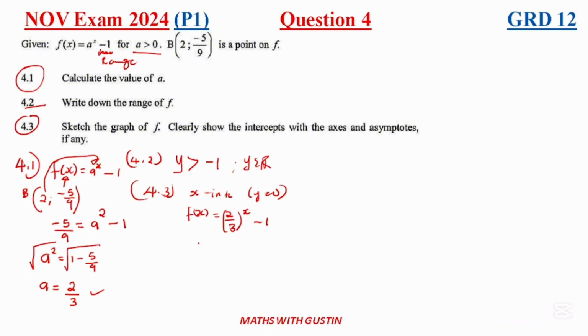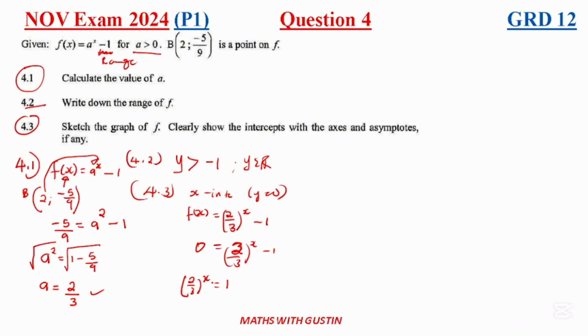So y is equal to 0, it's equal to (2/3) to the power of x minus 1. Then take this one to that side, so you're going to have (2/3) to the power of x is equal to 1.